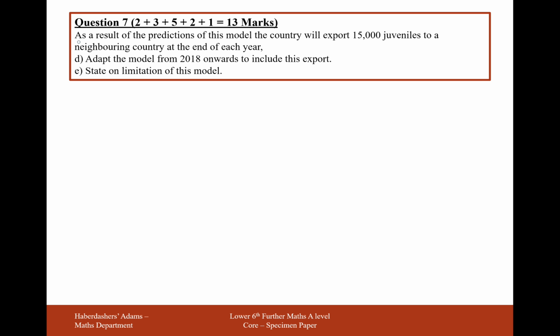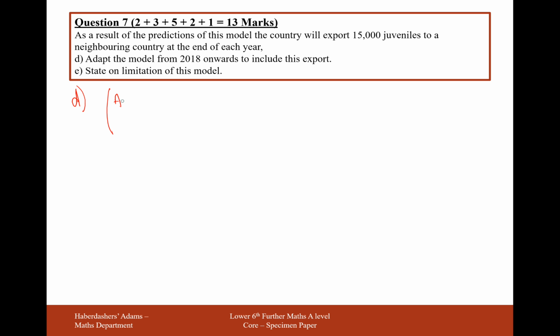Moving on to the next bit, part D. As a result of the predictions in your model, the country will export 15,000 juveniles to a neighbouring country at the end of each year. Adapt the model from 2018 onwards to include your exports.